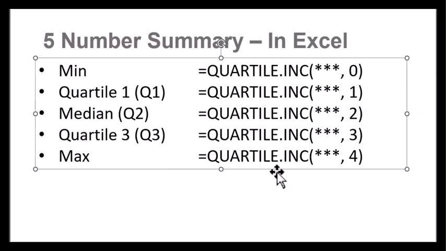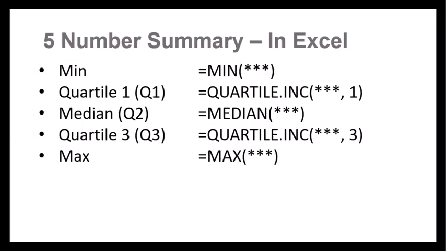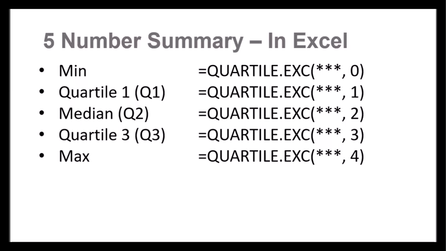So if you wanted to, you could use the QUARTILE.INC function for all of these, but it's not really necessary. I think the min, max, and median functions are a little bit more intuitive. And of course, we could also compute these with the EXC version for any of these values. The exclusive version isn't going to make a difference for the min or the max or the median. It just might make a difference for quartile 1 and quartile 3.